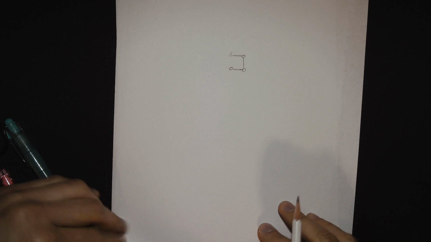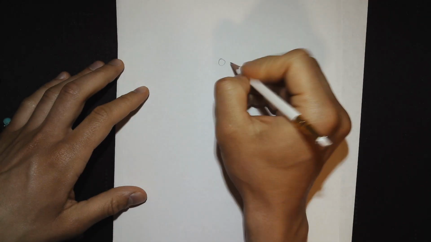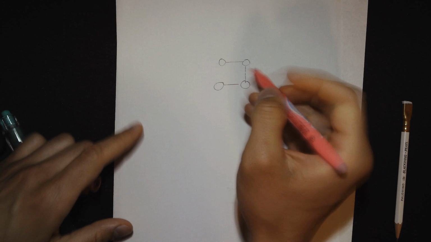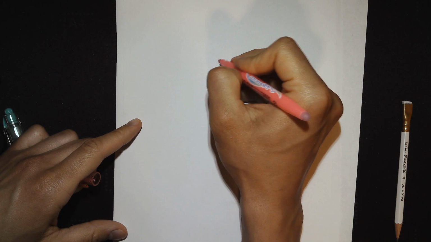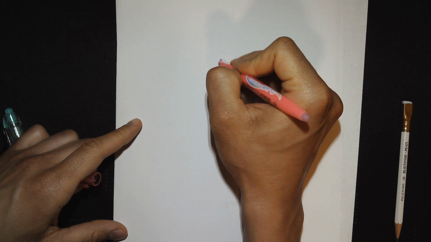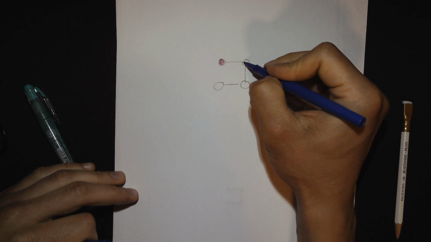Not really. So let's draw that graph again. And let's make our vertices a little larger this time. So we'll do this. Okay. So these two vertices are adjacent and necessarily need to have different colors. Okay. So let's color this one pink. And then let's color this one blue here.